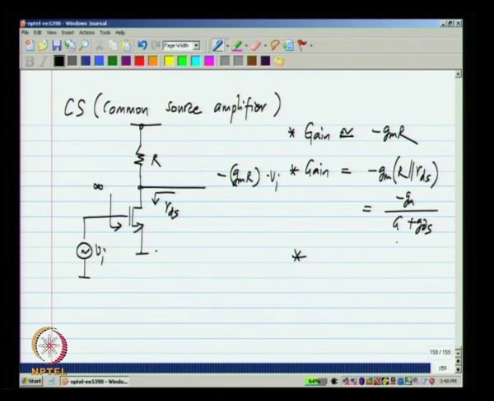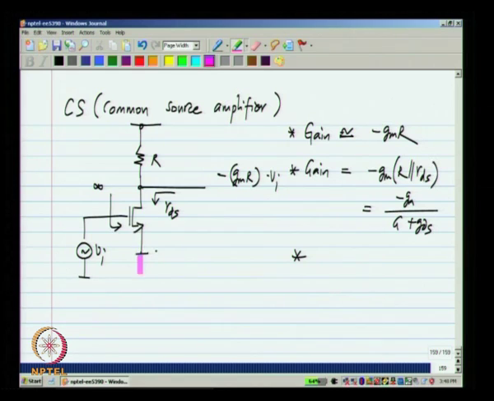And finally, what is the effect of body effect or the bulk transconductance GMB in this circuit? I have shown the 3 terminal symbol here, but the source is at a fixed potential and the bulk will also be at a fixed potential. Now, it may be at a different potential for DC, but small signal wise that is also at ground. So, the small signal VBS equals 0.